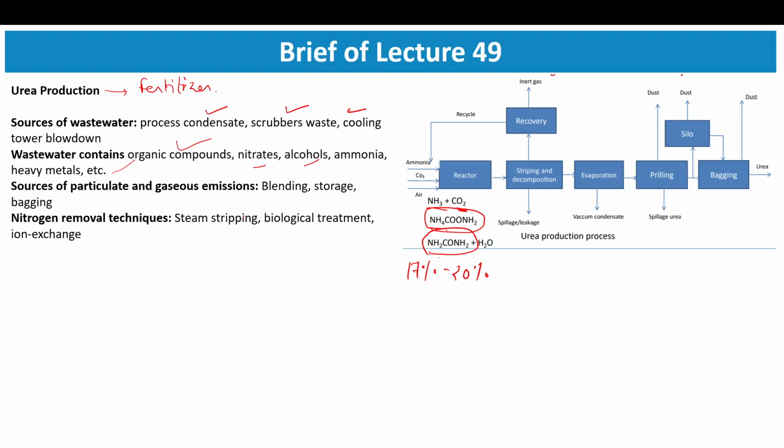That nitrogen can be removed from wastewater through biological treatment like nitrification and denitrification, or you can have steam stripping by increasing the temperature so that nitrogen can be converted to gas, right? Or you can have ion exchange.